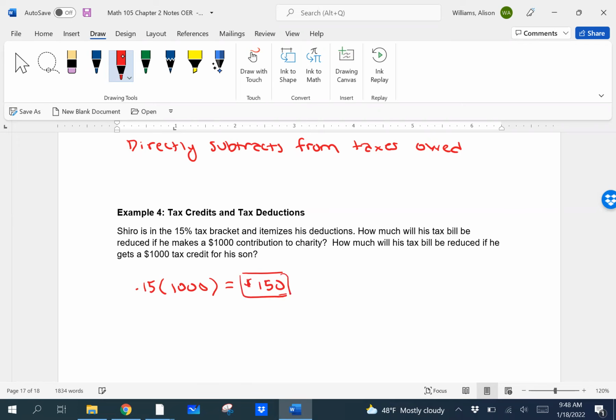So he's no longer paying 15% taxes on that $1,000 of income. Versus the credit, a $1,000 credit, which goes right into his taxes. And often too, if you don't owe, you get that money. You get that $1,000 from the tax credit.